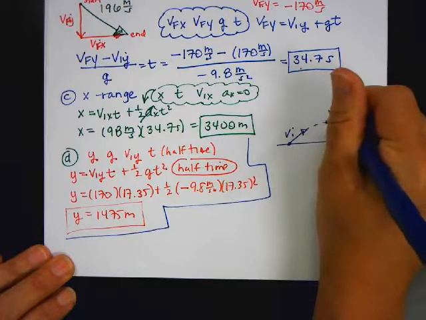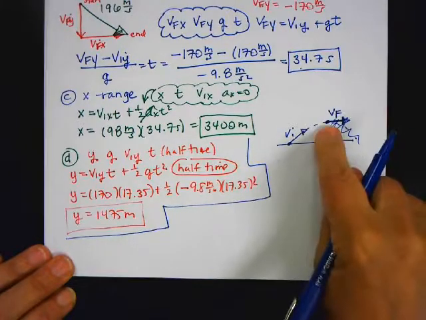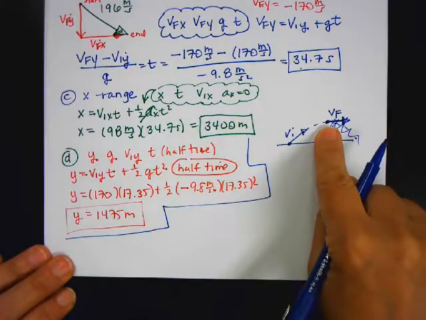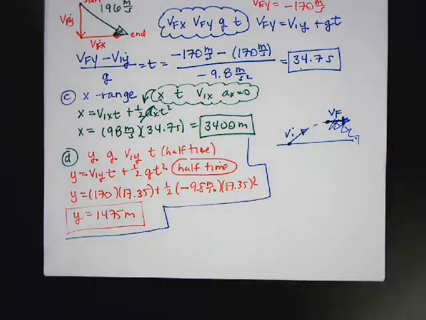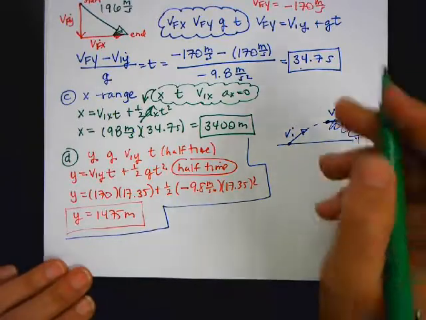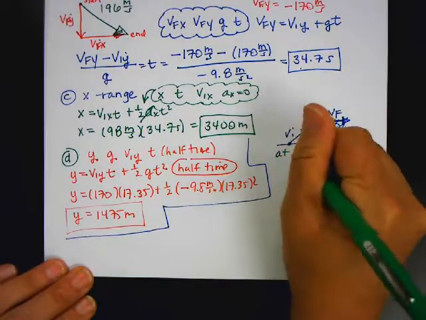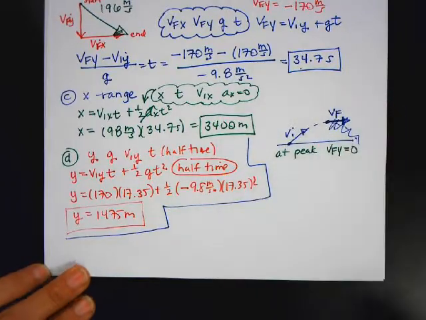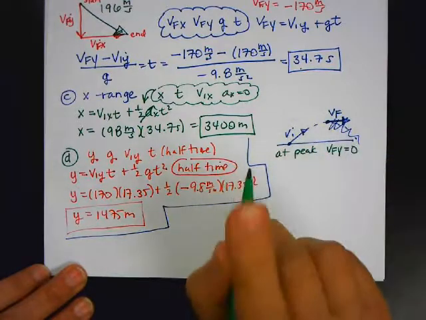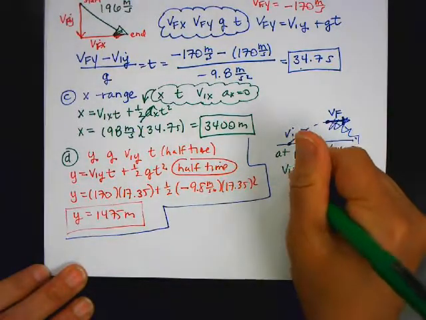So if this is VF there, you see that VF is all what? Horizontal. It has no vertical. So at the peak, VFY is 0. Does everyone see it? Because it's all horizontal. So if I look at it this way, I can say, well, VFY is 0.